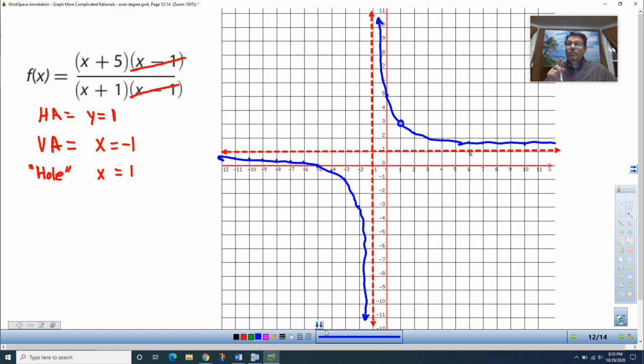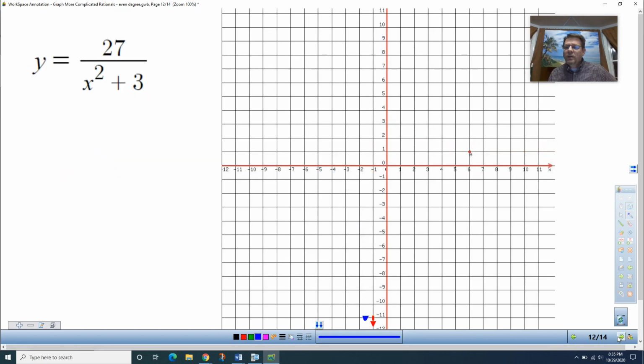Okay, now our bonus example is coming up next, and it's very odd. Every single thing that we've done so far started off with the vertical asymptotes, looking for things that would cause the denominator to be 0. Can I think of anything I can plug in for x to make this equal to 0?